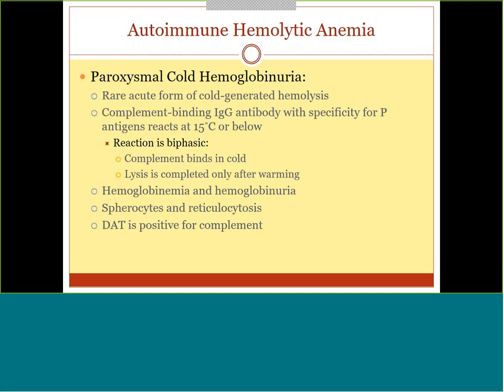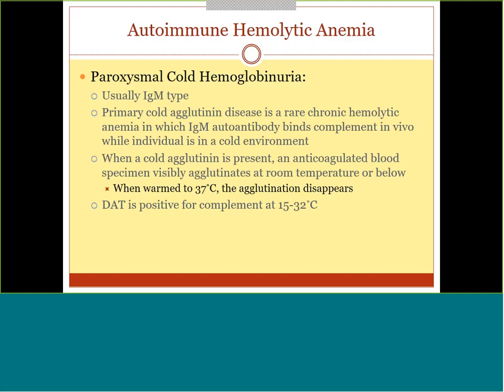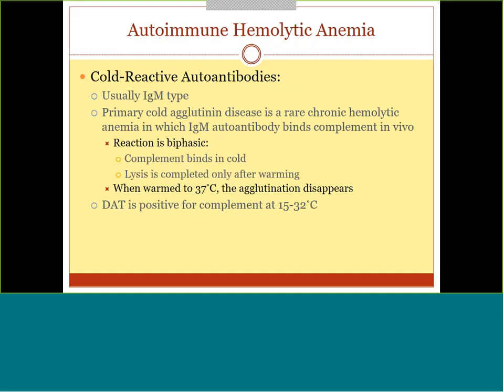There is a disease called paroxysmal cold hemoglobinuria. This one's kind of a tricky bugger. The name is cold, so it tells you it's a cold-generated hemolysis, just like we just talked about, but it's actually an IgG-based antibody. Now, I said on the previous slide that typically cold-reacting antibodies are IgM, and that is usually always the case: IgGs are warm reactors and IgMs are cold reactors.